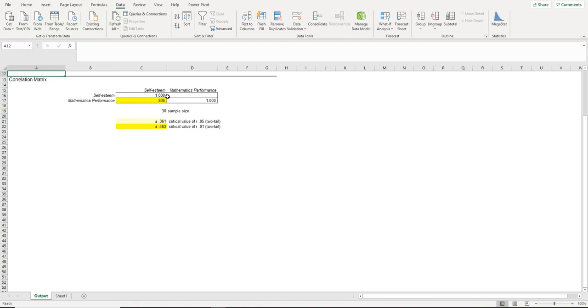Now, if the color of the font here is black, this means that there is a positive linear relationship, in the Pearson product moment correlation coefficient. That means as x increases, y also increases, or as x decreases, y decreases. If the color of the font here is red, that means that the relationship is negative.